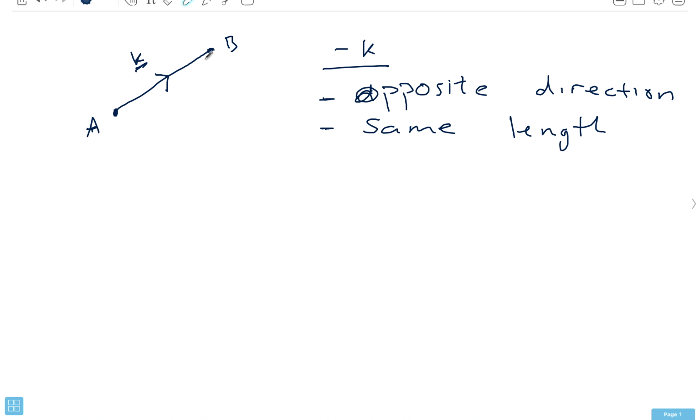Now, if we look at this bound vector AB, the same length but opposite direction would just be the bound vector BA. These are meant to be the same length.